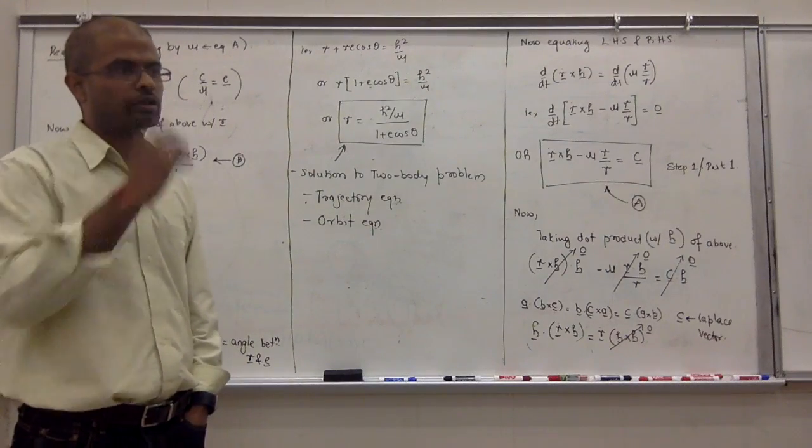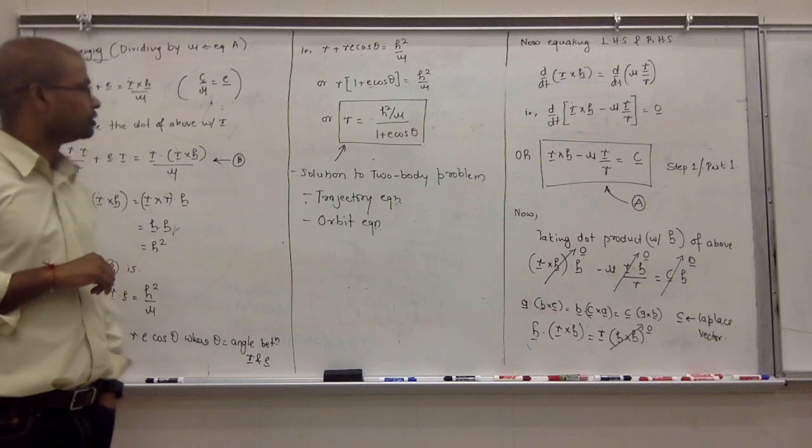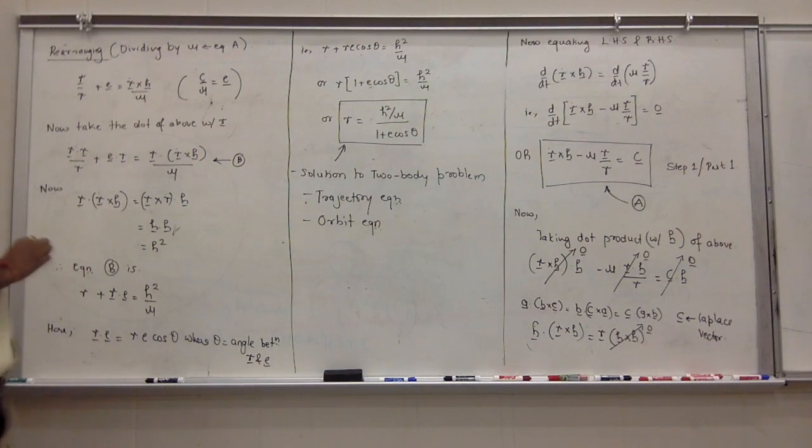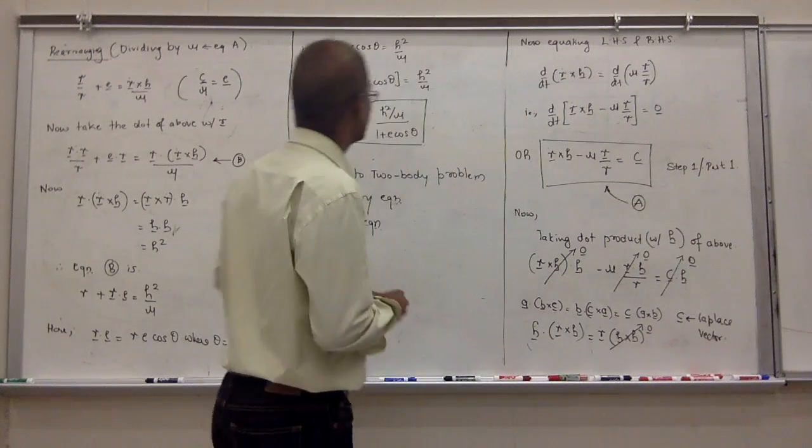It's a different constant. We just use E instead of C. So what you're seeing here is we take this equation. This is part A, right? And this was part B. Okay.